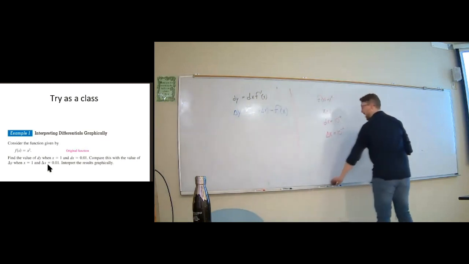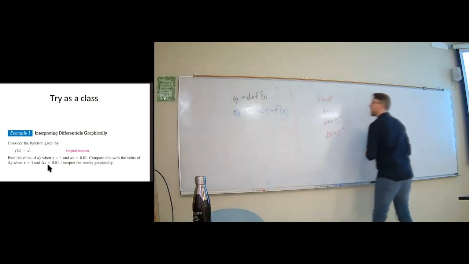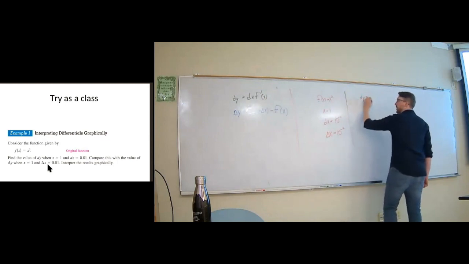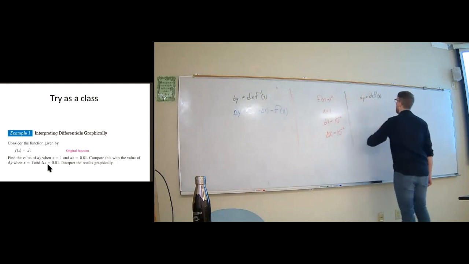So looking at how our tangent line changes, dy is equal to dx times f prime of x.